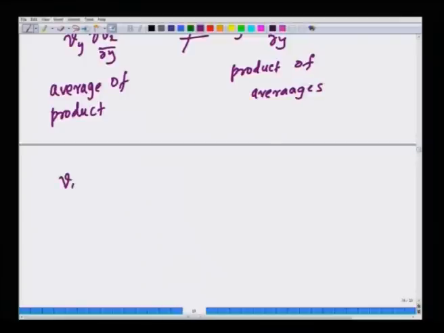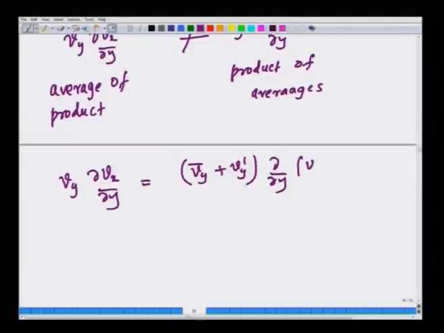because when you substitute, for example, V y bar plus V y prime times V x bar plus V x prime, if I expand out, I will get 4 terms.